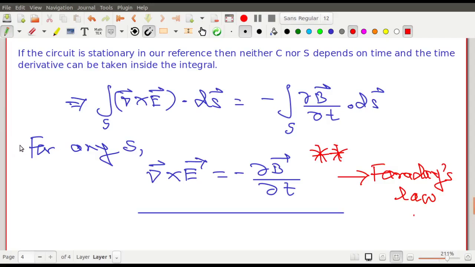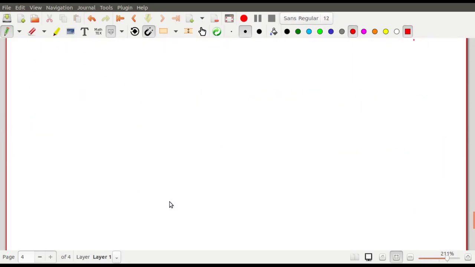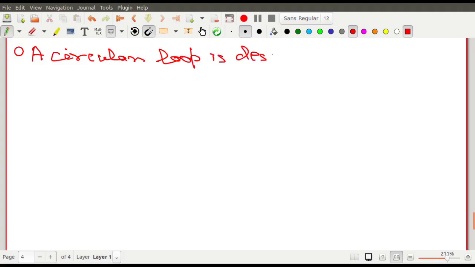Let me show you two examples over here. One of the examples is, it's better to show two examples at this moment. A circular loop is described by x square plus y square equals 1.